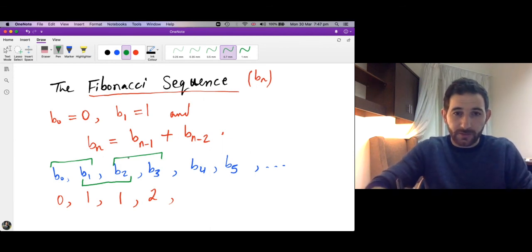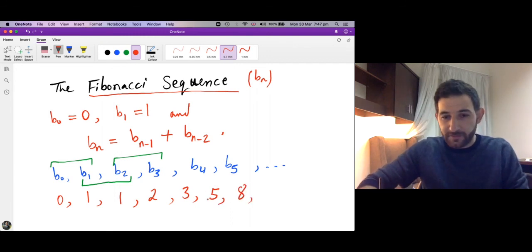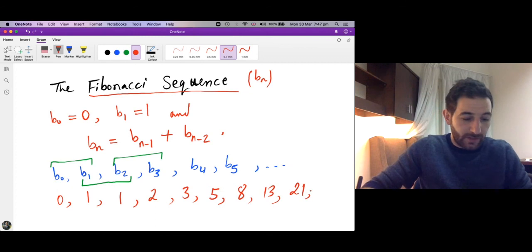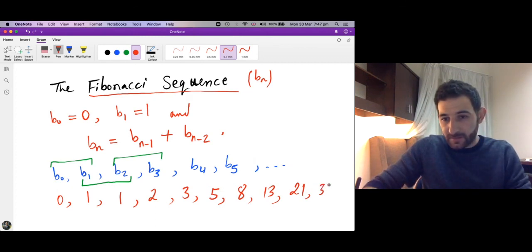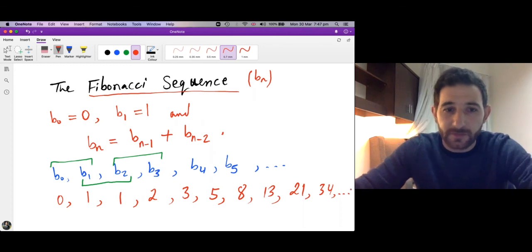And 2 plus 1 is 3, and we keep doing this. Now to obtain B5, you sum 3 plus 2, which is 5. And now 5 plus 3 is 8. And 8 plus 5 is 13. And 13 plus 8 is 21. And you keep doing this. This is 34. And this is what is called the Fibonacci sequence. Okay, so we stop here.